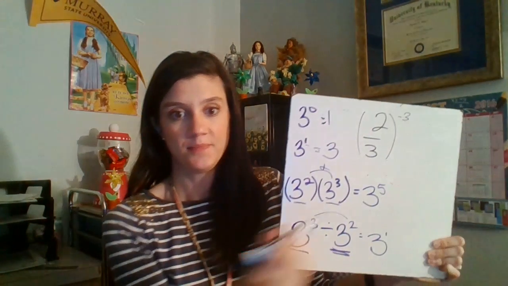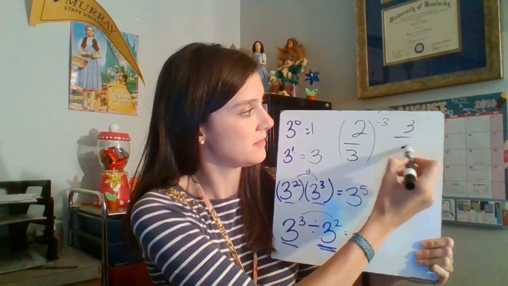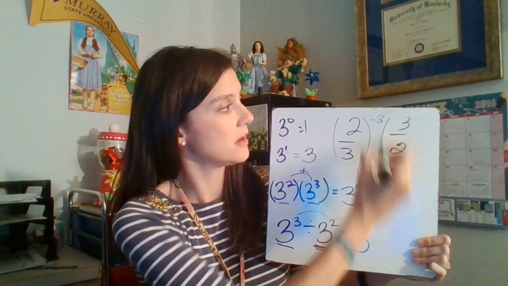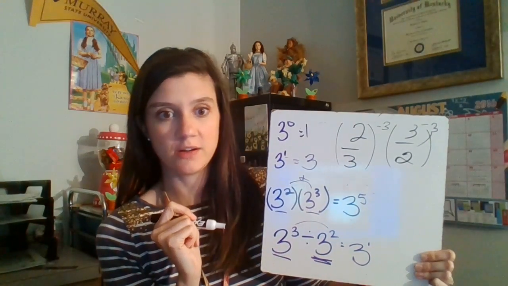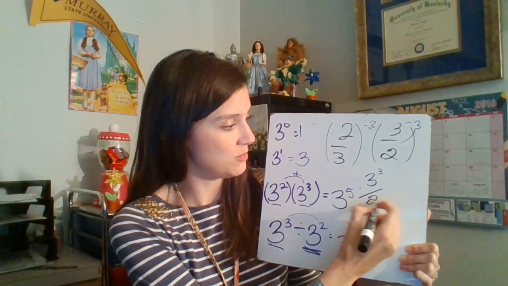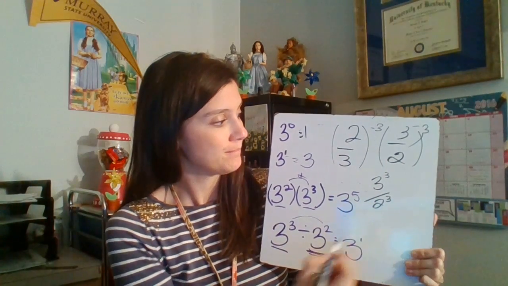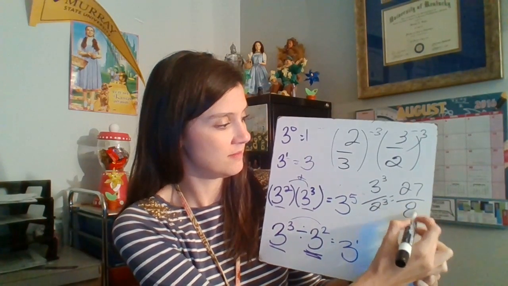Like we said, take the reciprocal, flip it, so 3 over 2, and make the exponent positive, positive 3. Then give that number to the numerator and denominator. So 3 cubed over 2 cubed: 27 over 8.